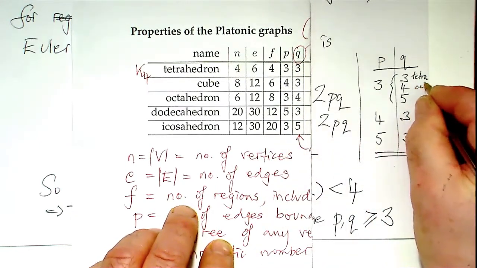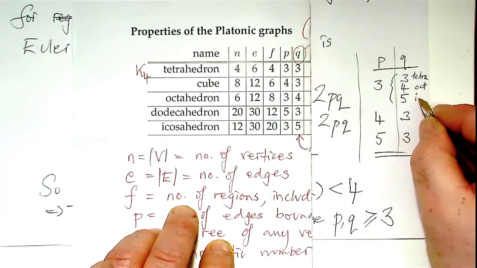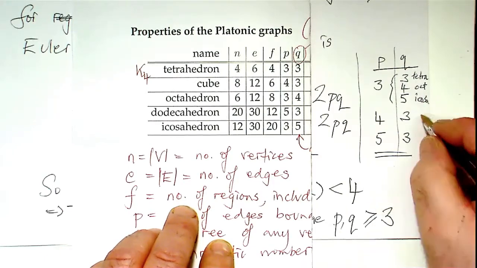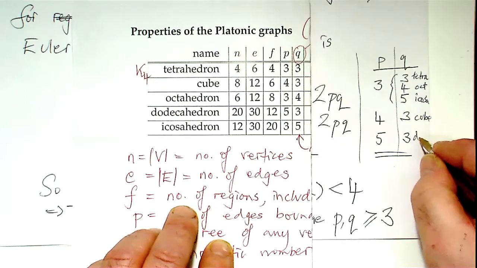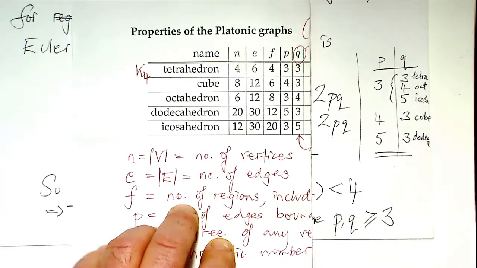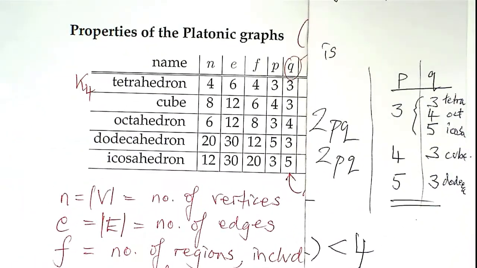That's the octahedron. You can have 3 and 5. That's the icosahedron. 4 and 3 is the cube. And 5 and 3 is the dodecahedron. Okay, so I've almost explained to you why there are only 5 Platonic solids using the graph theory. All right.